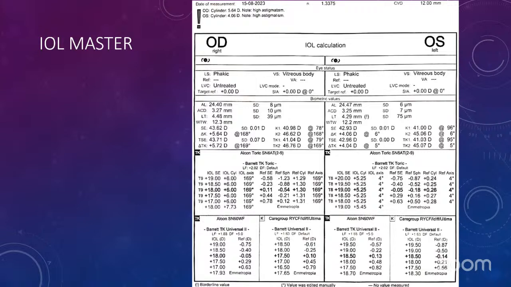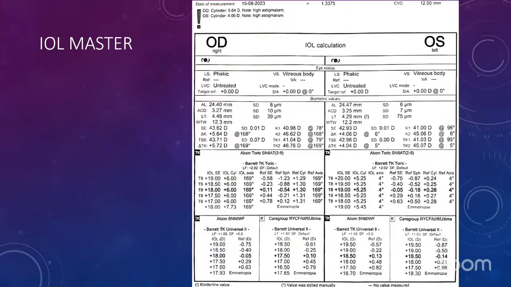No, sir. So you should read more about toric IOL calculations, how they are calculated. What is the effect of surgically induced astigmatism? What is with the rule astigmatism and against the rule astigmatism, and how does it affect your toric calculation?